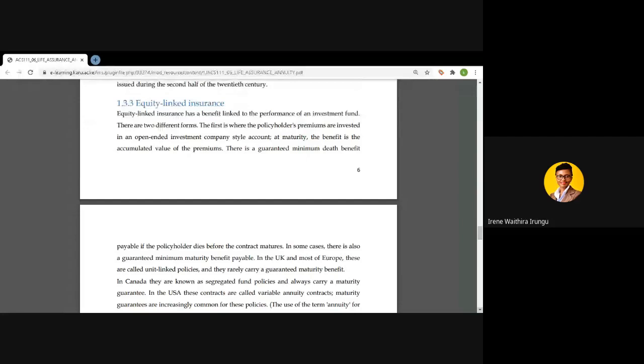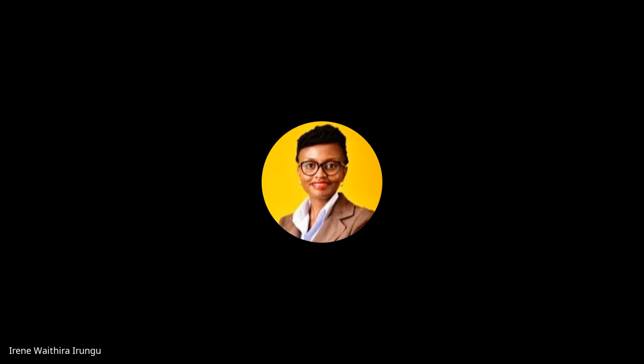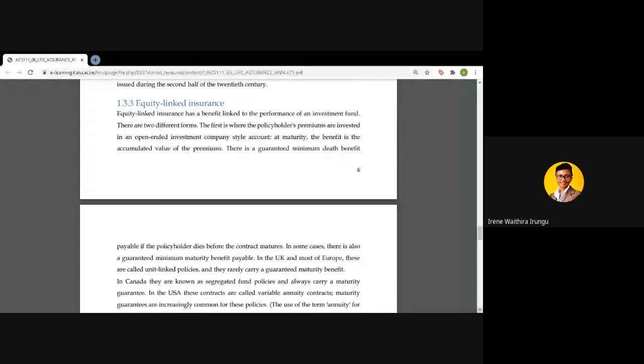Because the longer you invest your money with a company, the more it will grow, in the earlier parts of the contract you do not expect the premiums to have accumulated into a huge value to warrant a sum assured. So often enough, the equity linked contracts are offered with a minimum guaranteed death benefit. In the event that the accumulated value of the premiums is less than the guaranteed minimum death benefit, then what is payable is the guaranteed minimum death benefit.